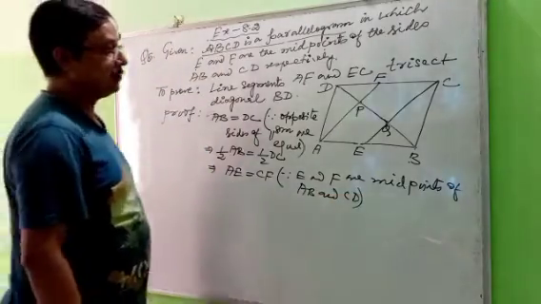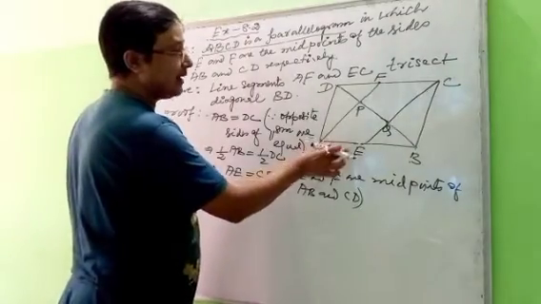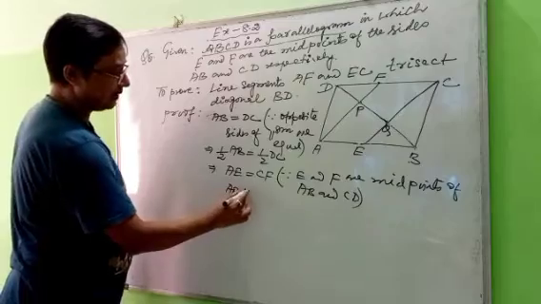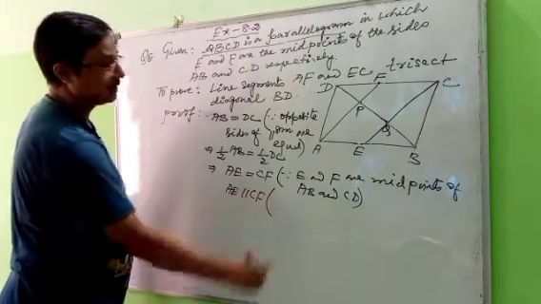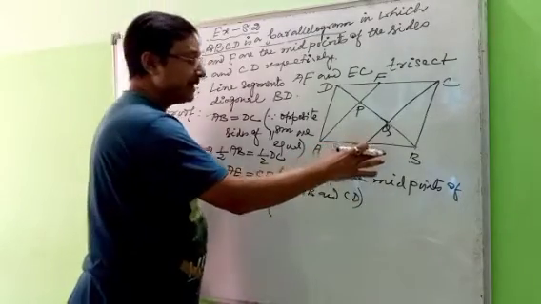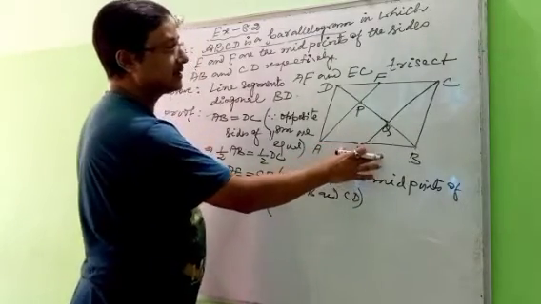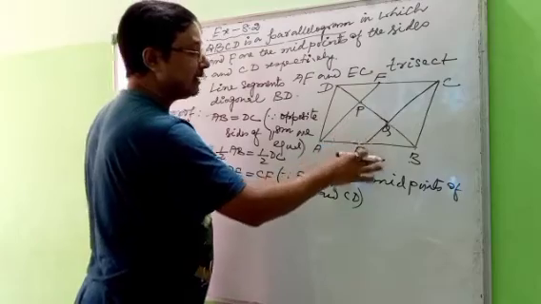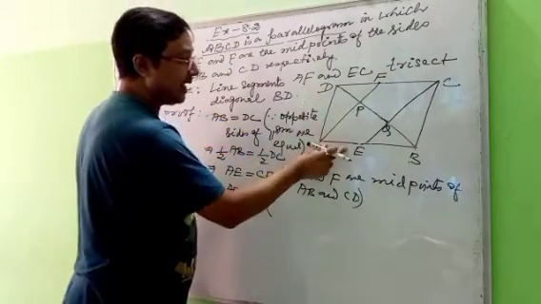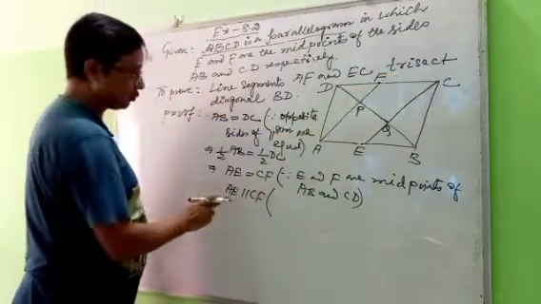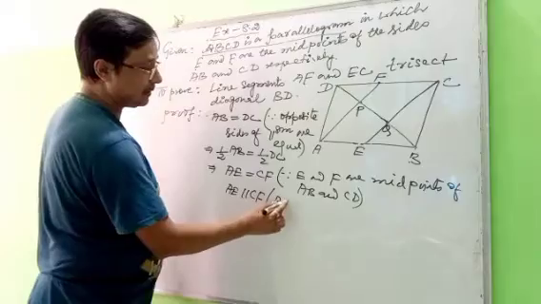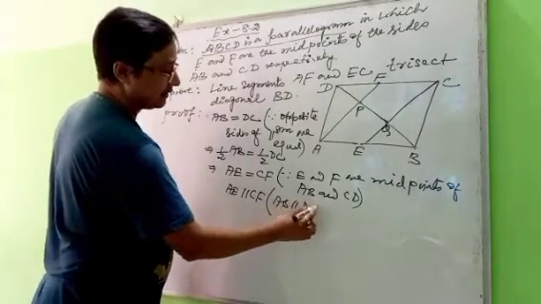Next, you can say that AE is parallel to CF. Why? Because the figure is a parallelogram, and in a parallelogram opposite sides are also parallel and equal. That is why AB is parallel to DC, whereby you got AE parallel to CF, since AB is parallel to CD.